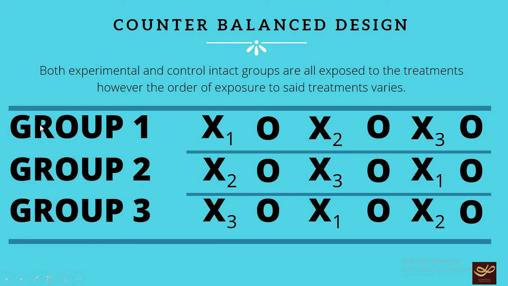So kasabay doon kay group 1, ang natanggap ni group 2 is the second treatment, and so on and so forth. So this is a counterbalanced design wherein we can look into how treatments are actually affecting the groups or the groups that are being compared. In this case, of course, they are matched groups and they are intact groups.